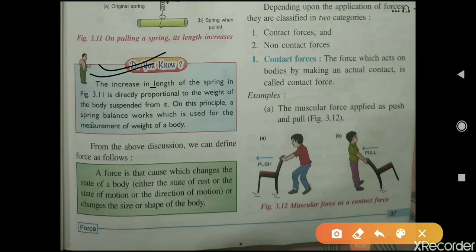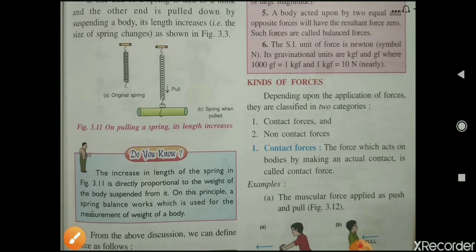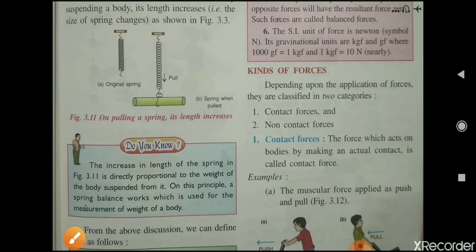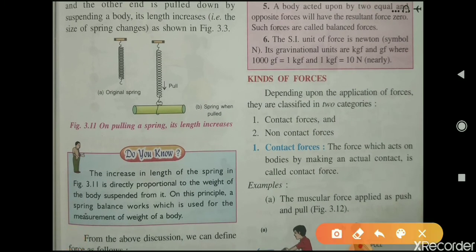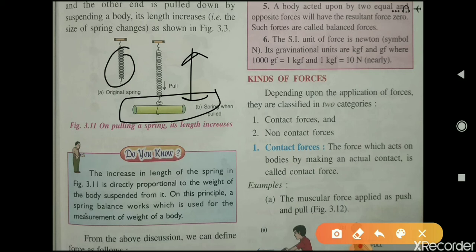You can see here, do you know? The increase in length of the spring in figure 3.11 is directly proportional to the weight of the body suspended from it. Means in this figure you can see the spring, its length increases when weight is suspended on this spring, and how much increase there will be in this spring depends on the weight of the body suspended from it, and it is directly proportional to the weight.